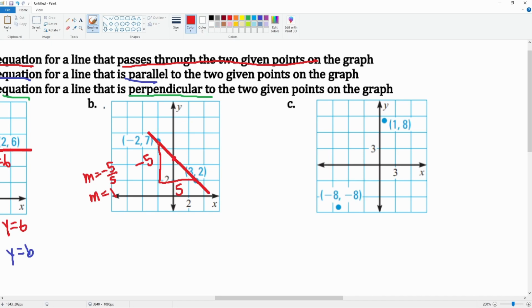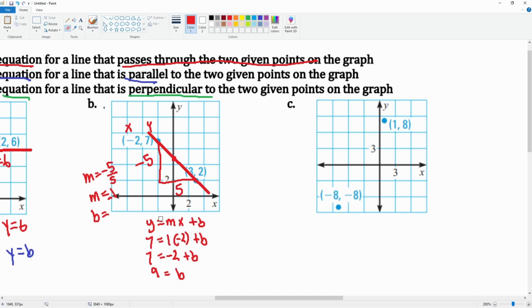We can get the b value by looking at it, or we can just use a point. So I'm trying to get the b value here. So y is equal to mx plus b. I'm going to make this x, and this is y. Y is 7, m is 1, x is negative 2 plus b. Hold on, is this right? Hold on. Y is 7, and the slope is negative 1.